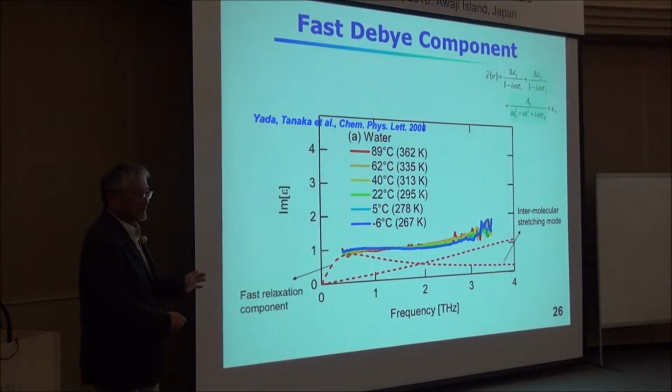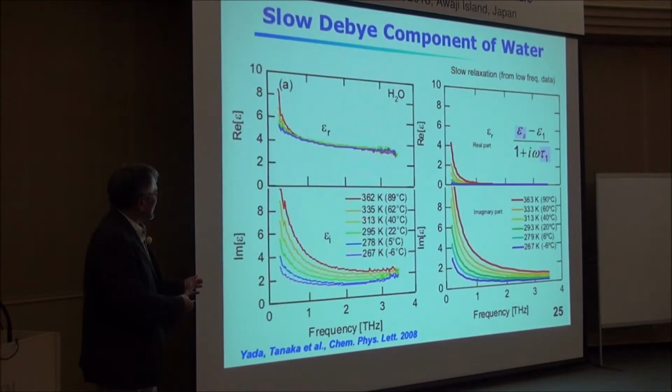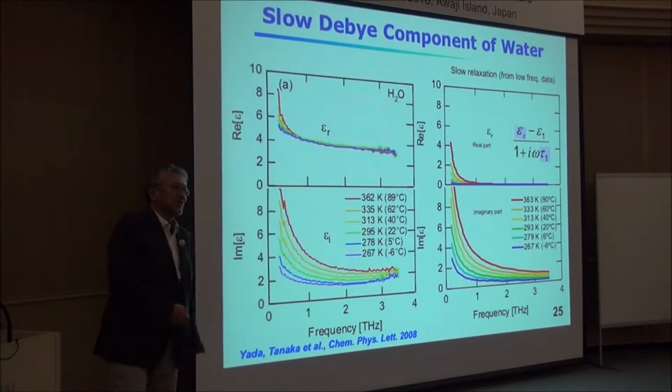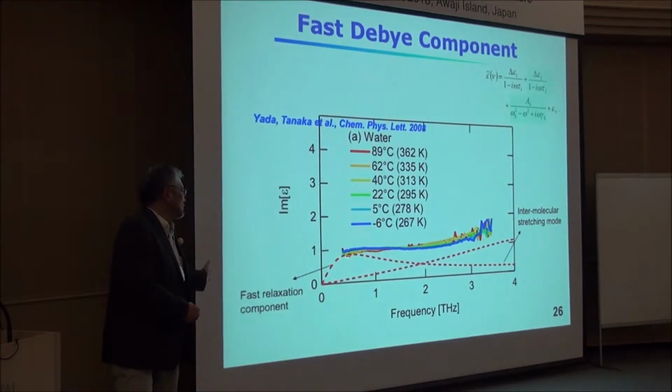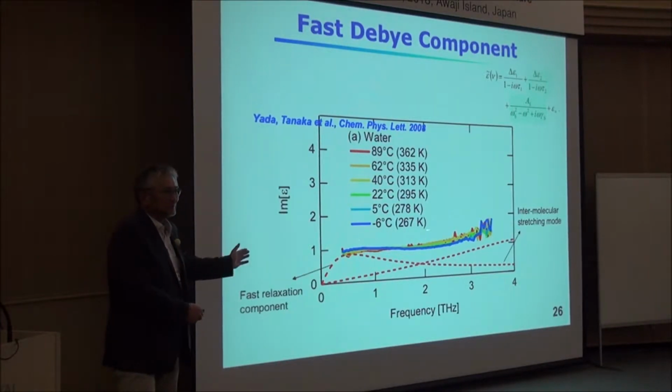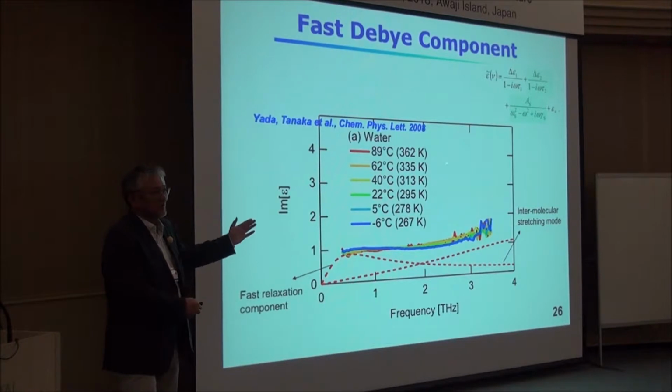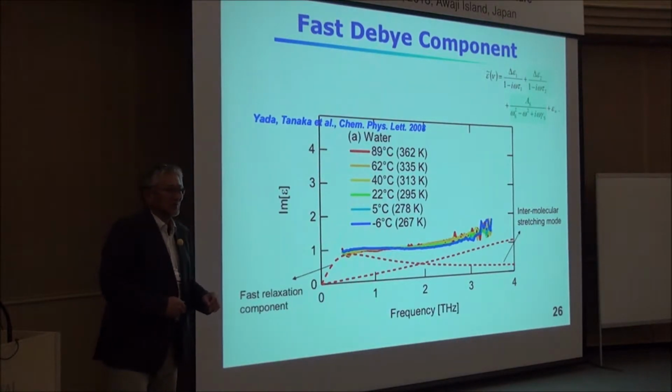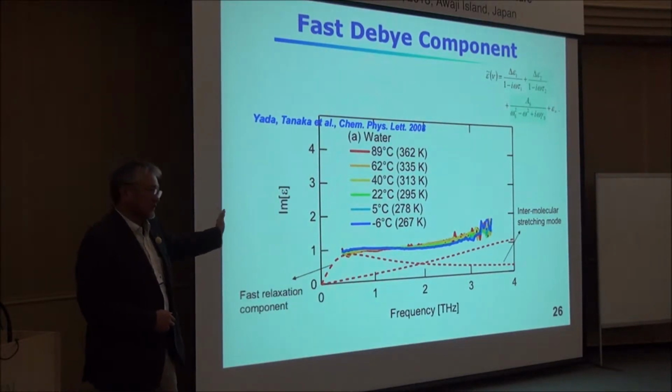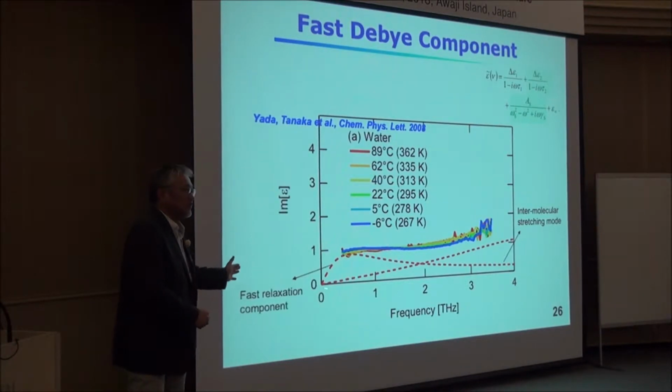Maybe you can see it in the previous slide, sorry. There is very little change in the imaginary part. If you remove everything in the conventional Debye, there is almost no change in this temperature region. It's a little bit strange, but this is quite an important issue for this residual component.